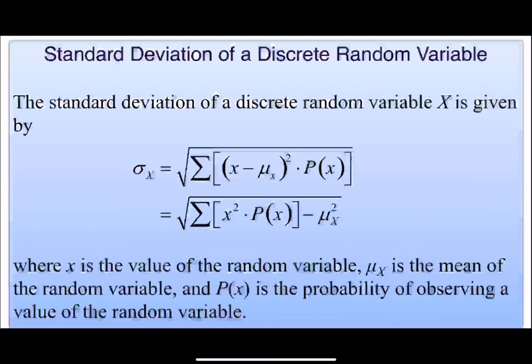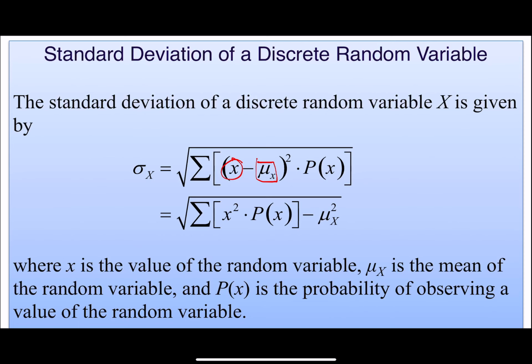Let's talk about standard deviation. I know this is your favorite topic in the world, standard deviation. So this looks daunting, but I'm going to break it down into small pieces. Essentially what we do is we take x, which is the value, like say, number of videos rented, minus the mu of x, which is your expected value.